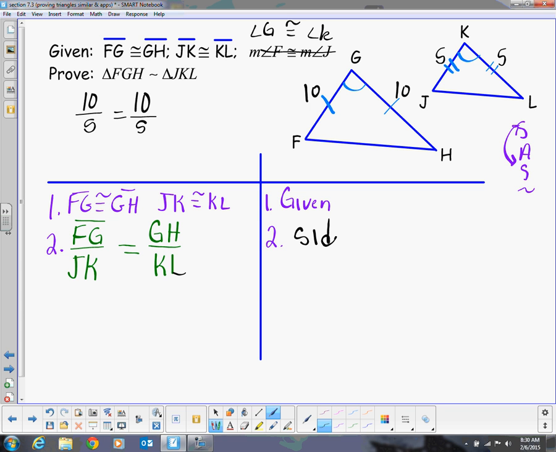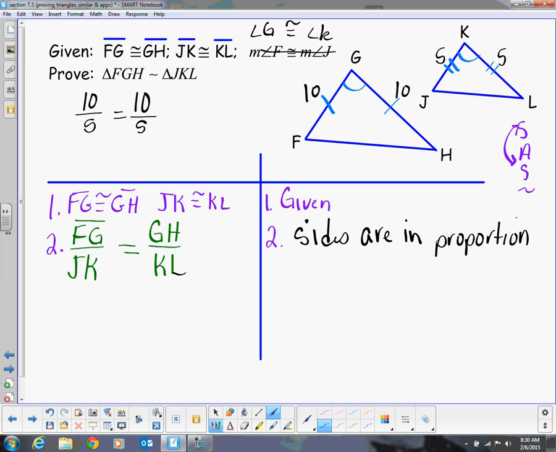Why? Sides are in proportion. I think. I don't know what they said in the textbook, and I don't think they did one with that.